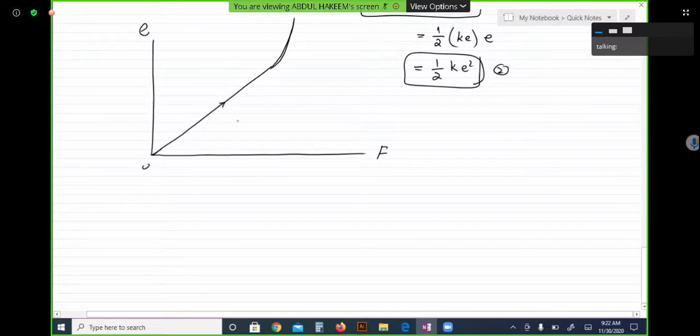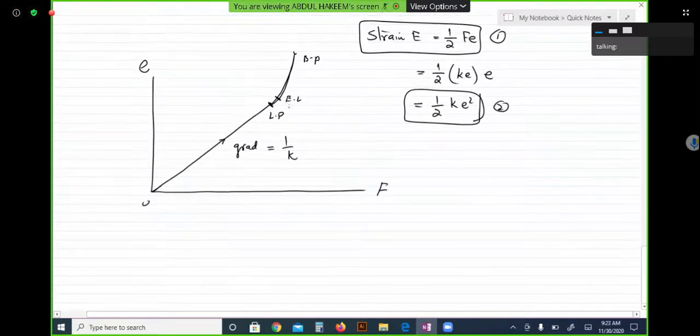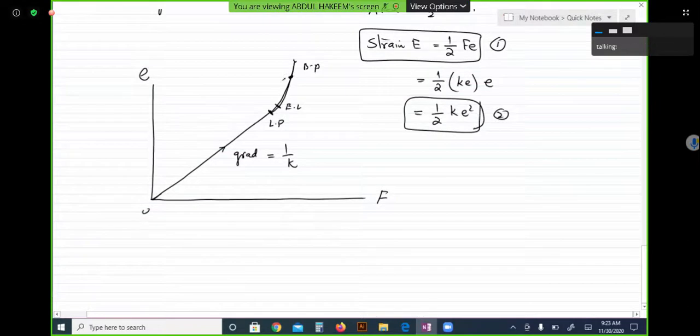The gradient of this line will not be k, it will be the reciprocal of k, meaning 1 over k, and this is the end of the straight line, meaning end of Hooke's law, meaning the limit of proportionality, and the next point will be the elastic limit, and the last point will be the breaking point. Now, when the load is exceeded, suppose up to here, then this will be the unloading graph, and this extra length, this one, will be the permanent deformation.